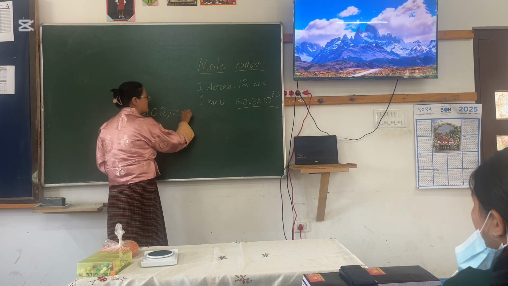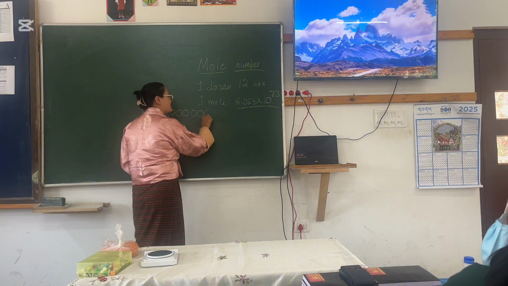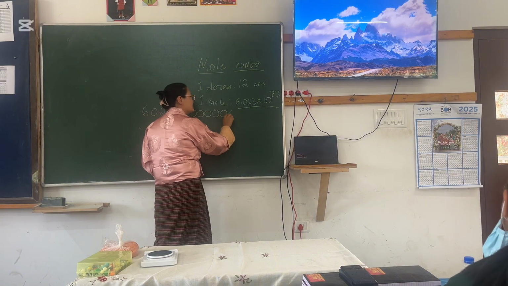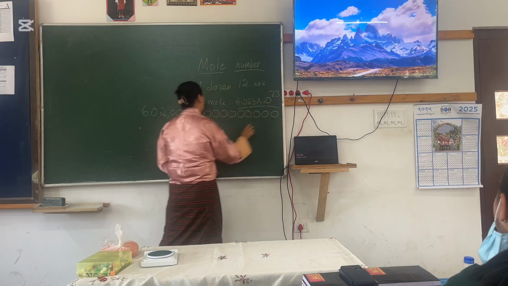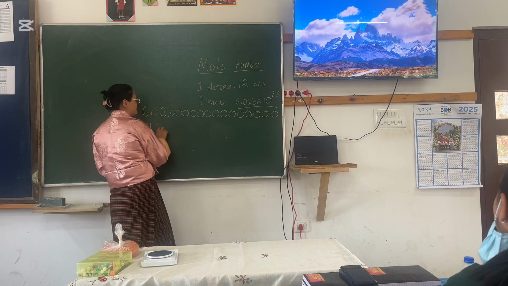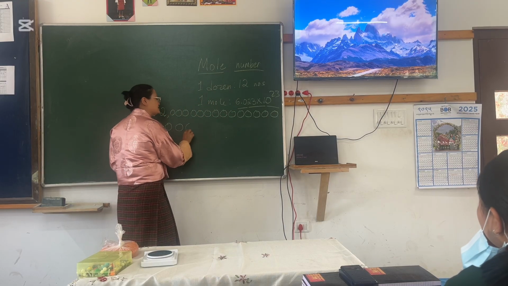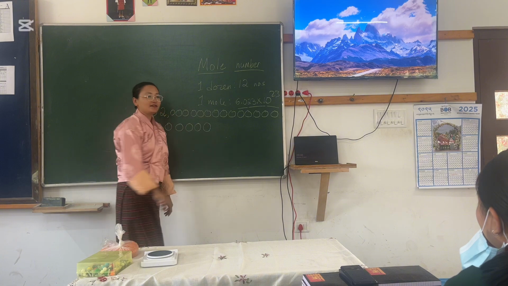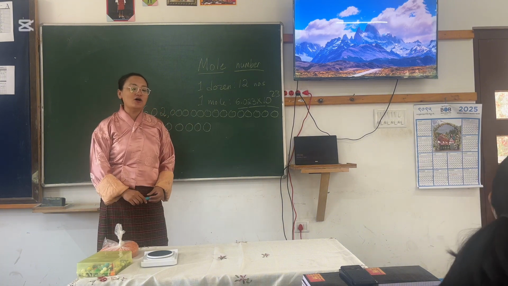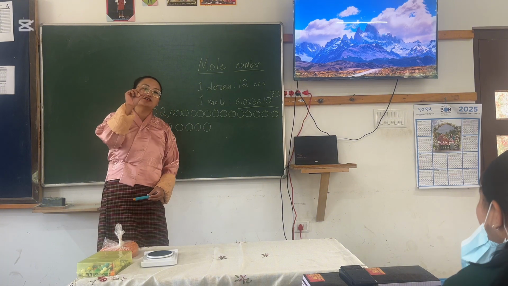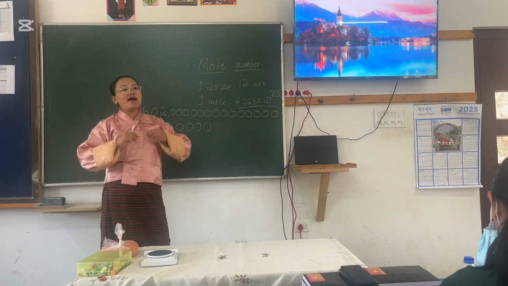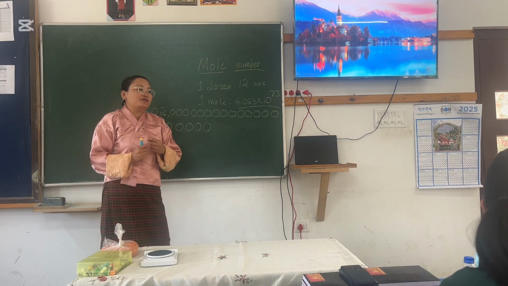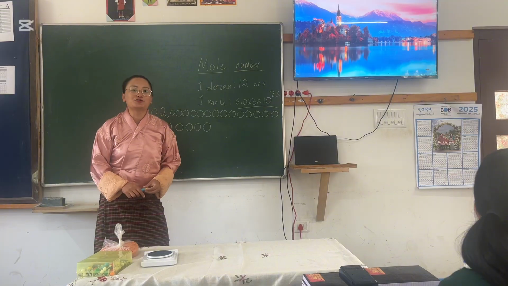1, 2, 3, 4, 5, 6, 7, 8, 9, 10, 11, 12, 13, 14, 15, 16, 17, 18, 19, 20, 21 zeros. Even if you counted every second, you won't be able to finish.